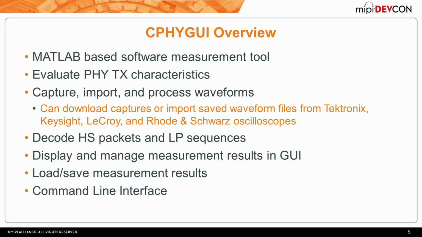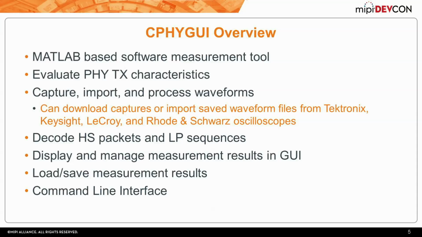So the first thing you have to do in making a software like this is import the waveforms into the software somehow. We can load in saved waveforms from Tektronix, Keysight, LeCroy, and Rohde & Schwarz. And then also through a VISA implementation that we have, actually read data over Ethernet or GPIB.